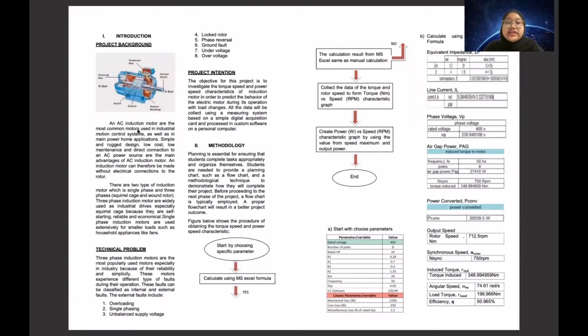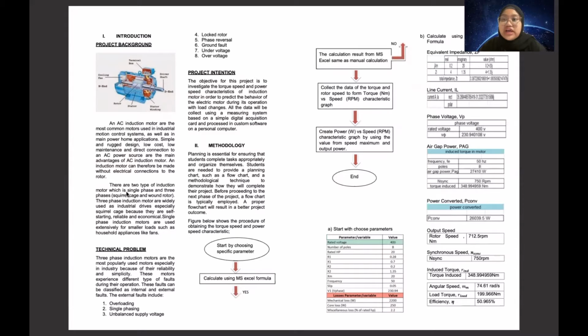So an AC induction motor is the most common motor used in industrial motion control systems. Basically, this is the motor which is used in industry to run their machines, to design their projects or anything else.